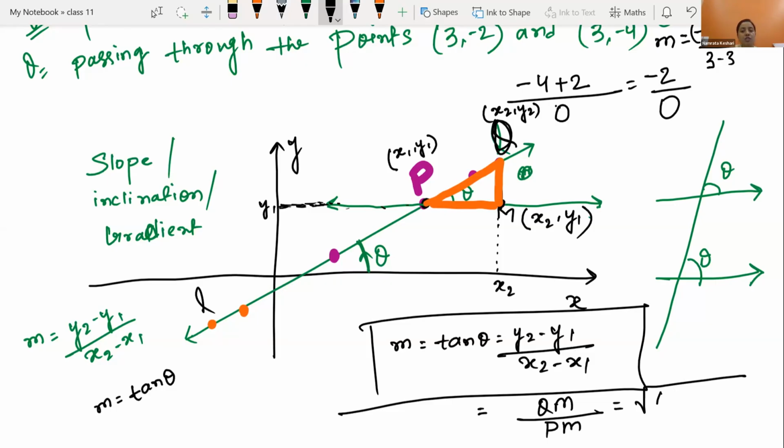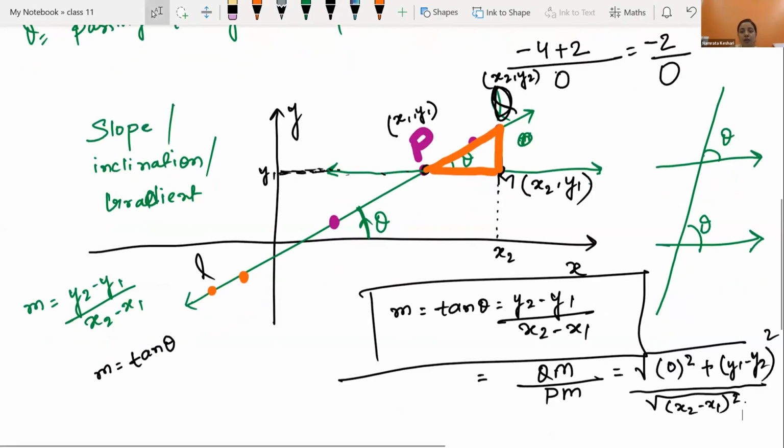The first bracket will be 0 square and the second bracket will be just y1 minus y2 square. Making sense? Yes, ma'am. And for the denominator, if you try finding PM, you will have inside the root sign x2 minus x1 whole square and y1 minus y1 whole square. The other part will be 0 over here. Making sense?